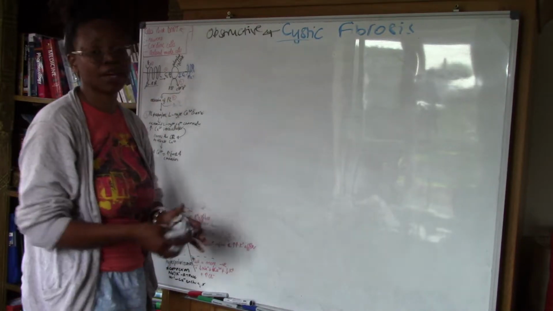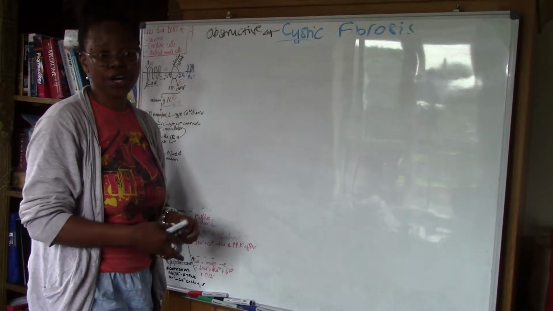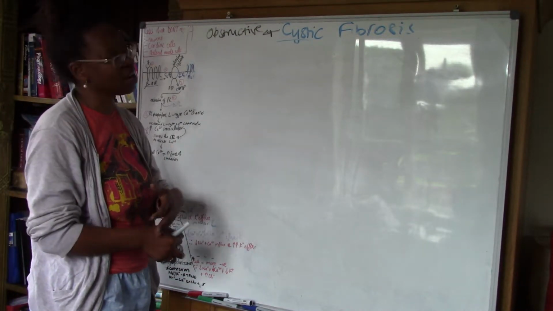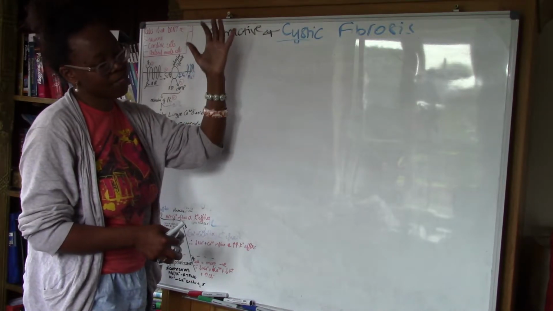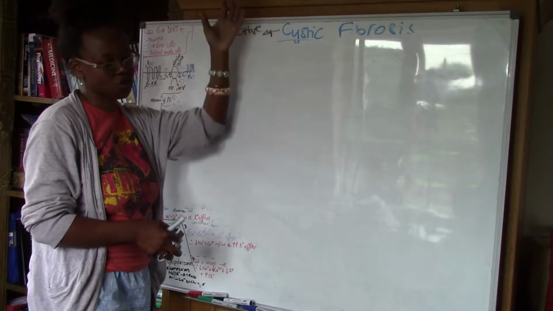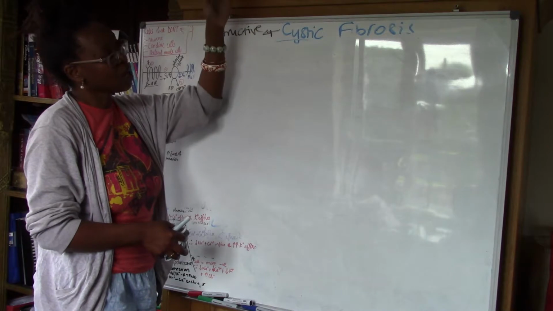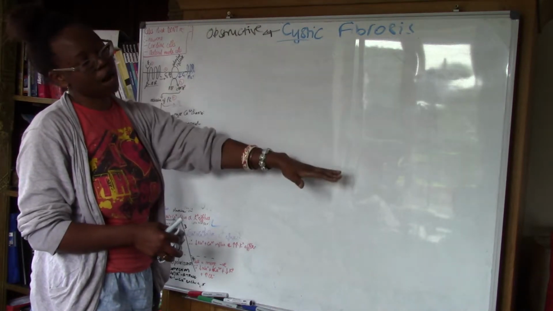And what that leads to is chloride being retained intracellularly, and then forcing or attracting the sodium to move from the extracellular surface to form sodium chloride.